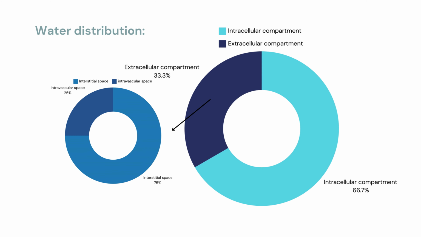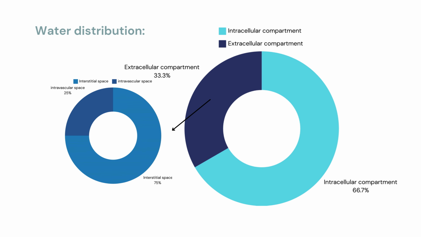Now let's talk about the water distribution in our body. Water always exists in osmotic equilibrium in all the compartments of our body. The right hand chart is showing us the intracellular compartment and the extracellular compartment. Water distribution in the extracellular compartment is 33% or 1/3 of total body water, and the rest 2/3 is distributed in the intracellular compartment.